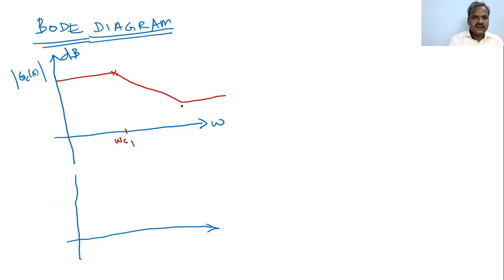Then there is another change, so this is also omega C2. In between is omega m, the maximum frequency. So this is one corner frequency, this is another corner frequency, and this is omega m.